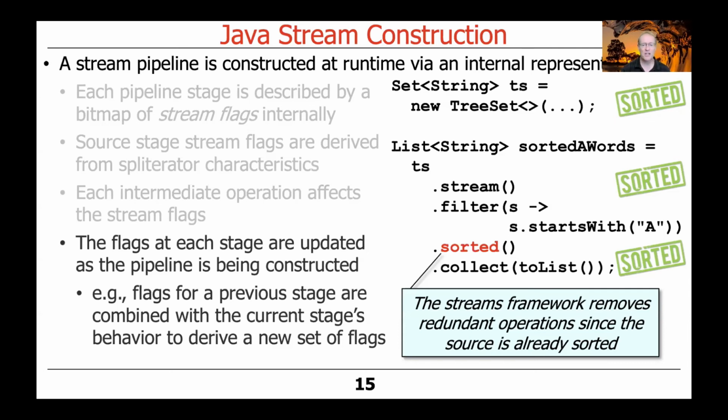So here's a very simple example. If you have the source of a stream be a tree set, then we know that the elements are going to be sorted by their very nature. So if you go through and you convert that tree set to a stream, you know it's sorted. If you apply filter, you know it's still sorted.